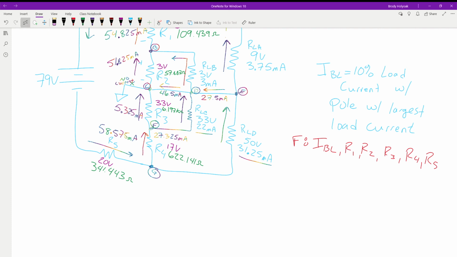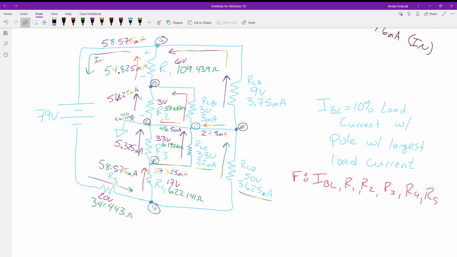Morgan, what's our total power? Watts. So across all those resistors, we're going to be spending about 4.6 watts.